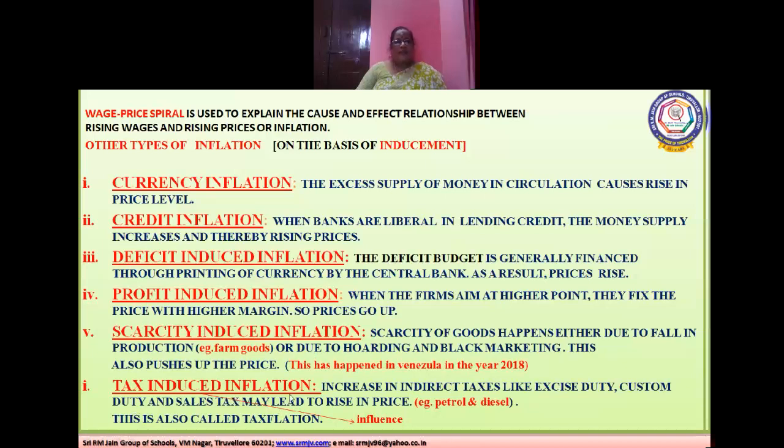Tax induced inflation. Increase in indirect taxes like excise duty, customs duty, and sales tax may lead to rise in the price. For example, petrol, diesel. This is called tax induced inflation.